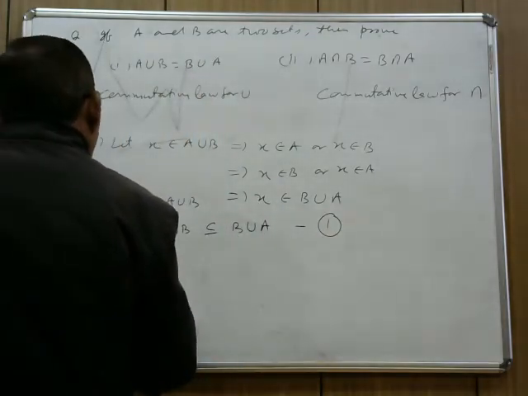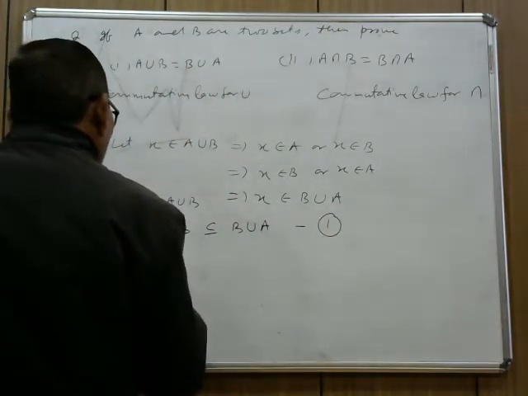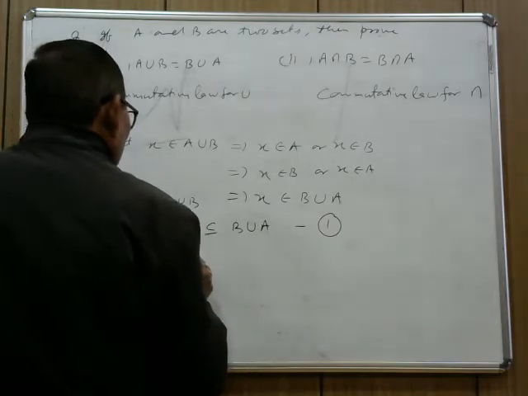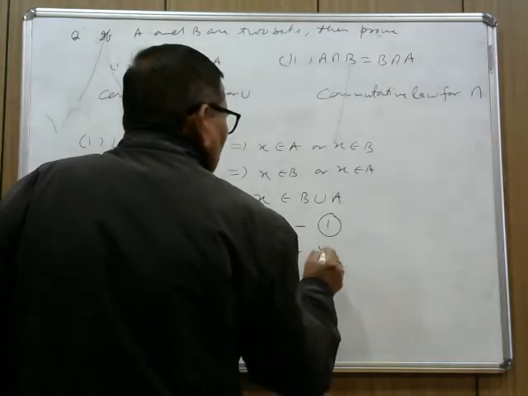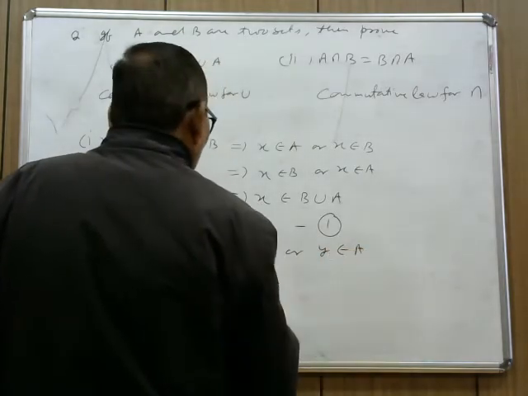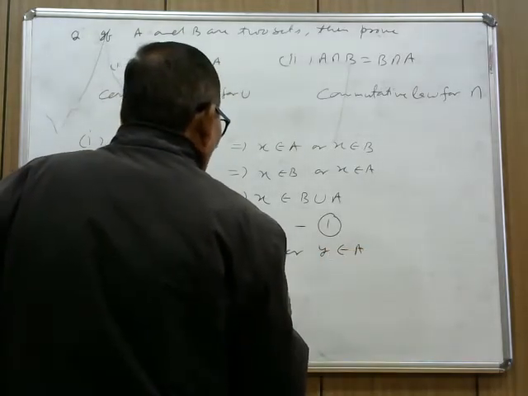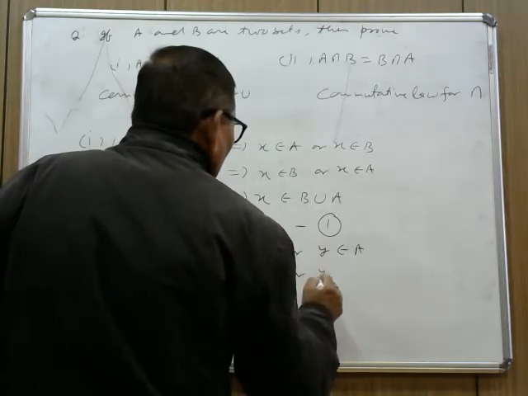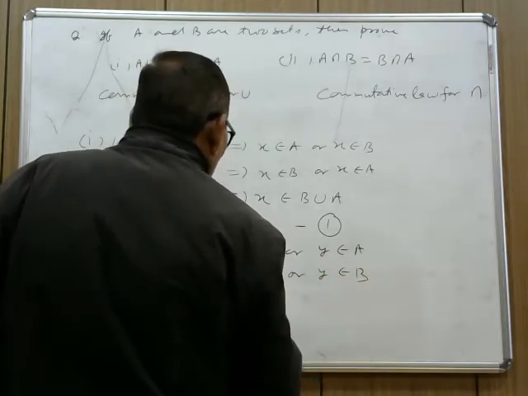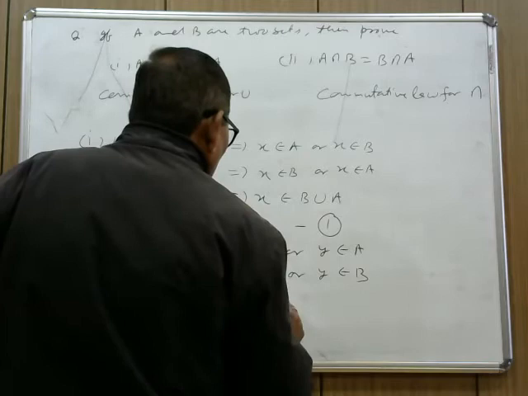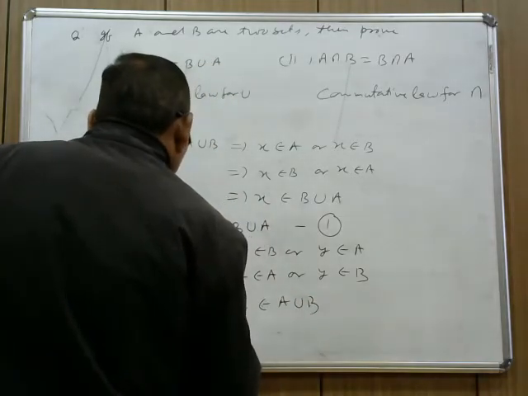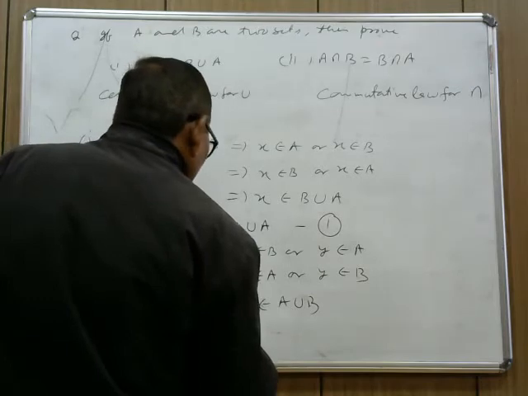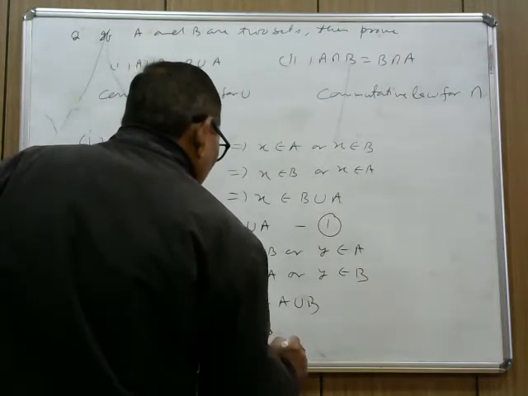Similarly, let Y belongs to B union A implies that Y belongs to B or Y belongs to A implies that Y belongs to A or Y belongs to B implies that Y belongs to A union B. Therefore, B union A is subset of A union B.